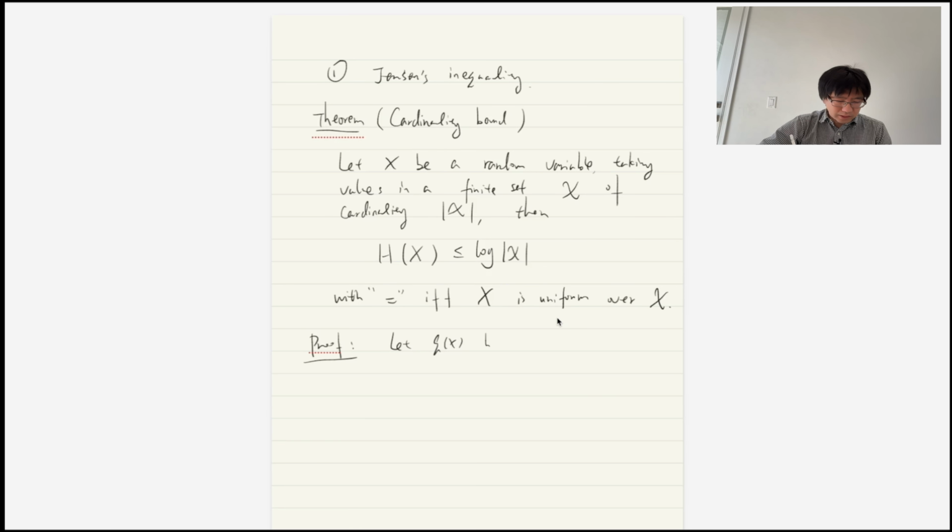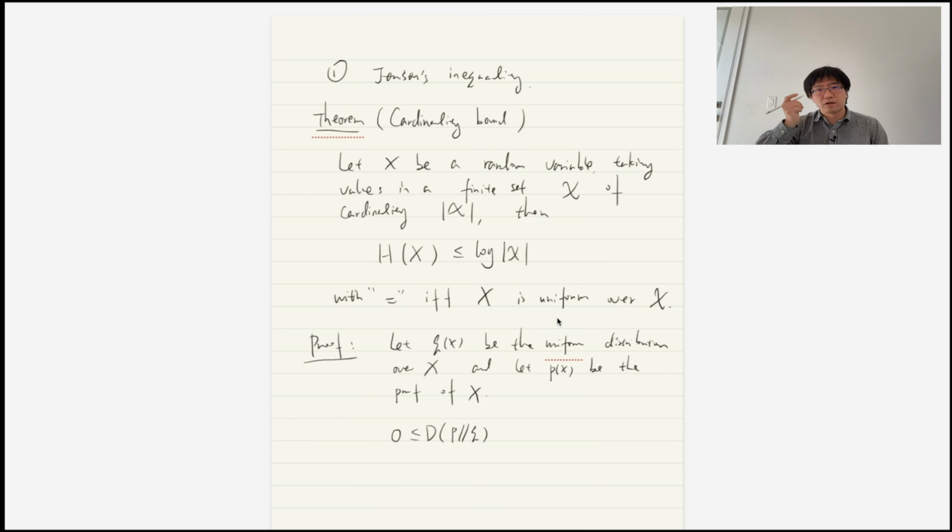Let Q of x be the uniform distribution over the finite set X, which is the only uniform distribution here, and let P of x be the PMF of X. Then we know the relative entropy between P and Q is bigger than or equal to 0, from our last inequality.